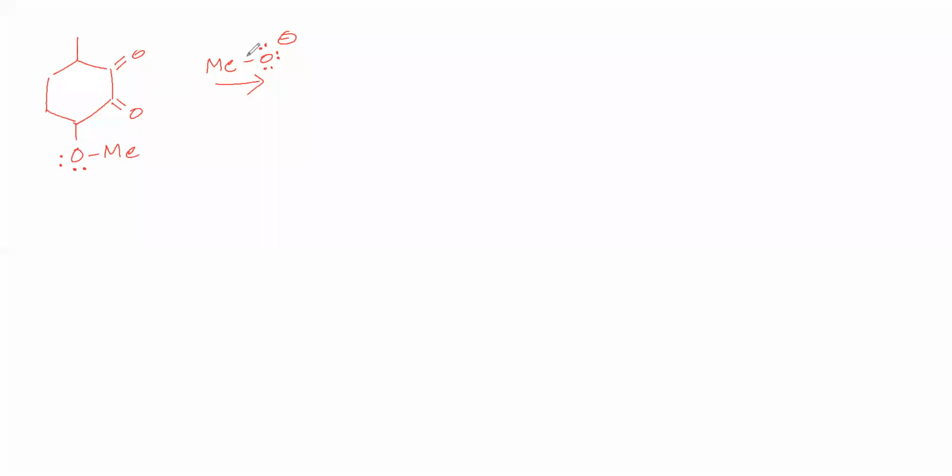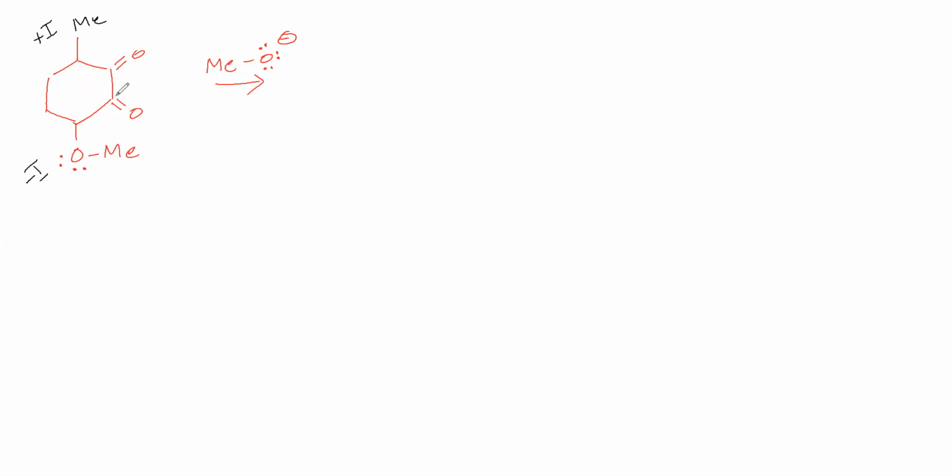Now this methoxide base has to attack a carbonyl carbon. Which carbonyl carbon is more reactive, that we have to see. Here the methyl group is showing plus I effect. This oxygen can show minus I effect. Here resonance is not possible because it is not benzene.